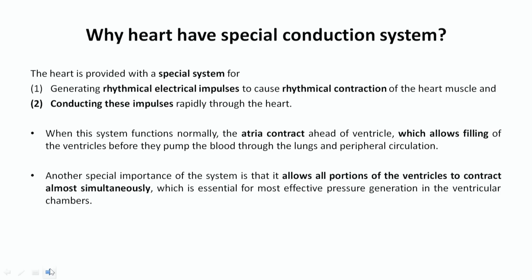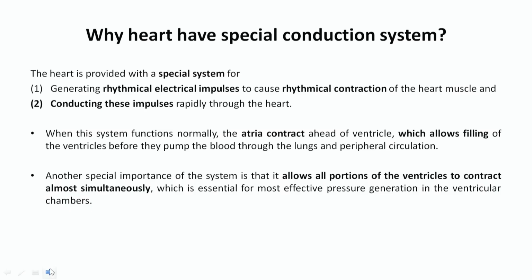So when this system functions normally, the atria will contract ahead of the ventricle, which allows the filling of the ventricle before they pump the blood through the lungs and the peripheral circulation.